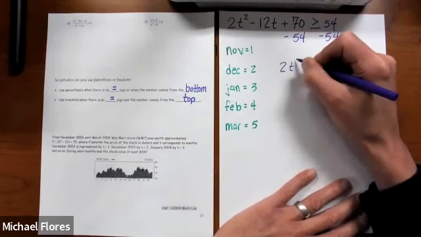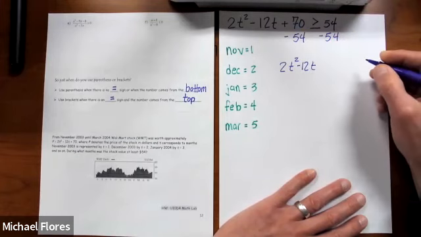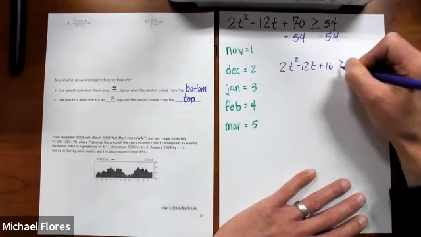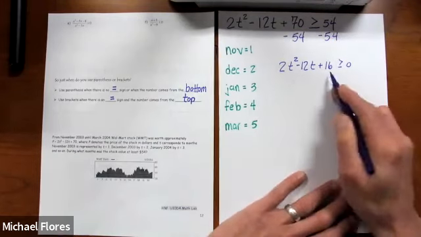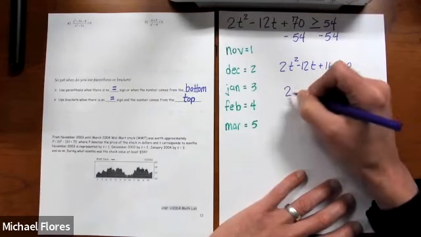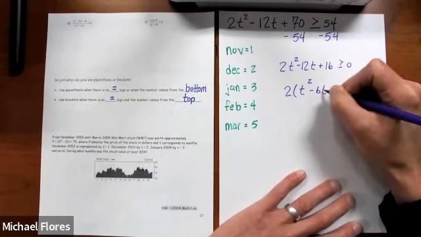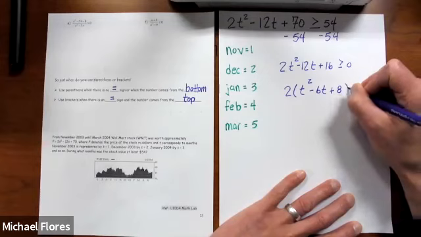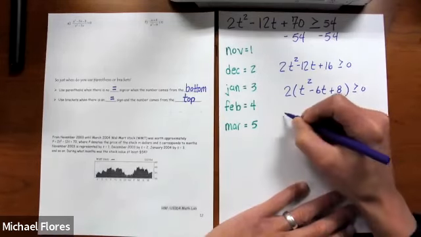Once we simplify, 70 minus 54 is positive 16. And now we are set equal to 0. Here we can factor out a 2. And now we can factor this trinomial.